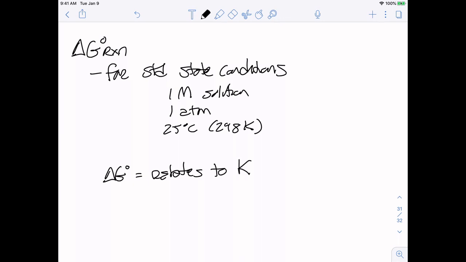We spent chapters on this, Kc, Ka, Kp, Ksp, Kw. If I have a capital K, it's my equilibrium constant. So this predicts whether reactants or products are favored at equilibrium.